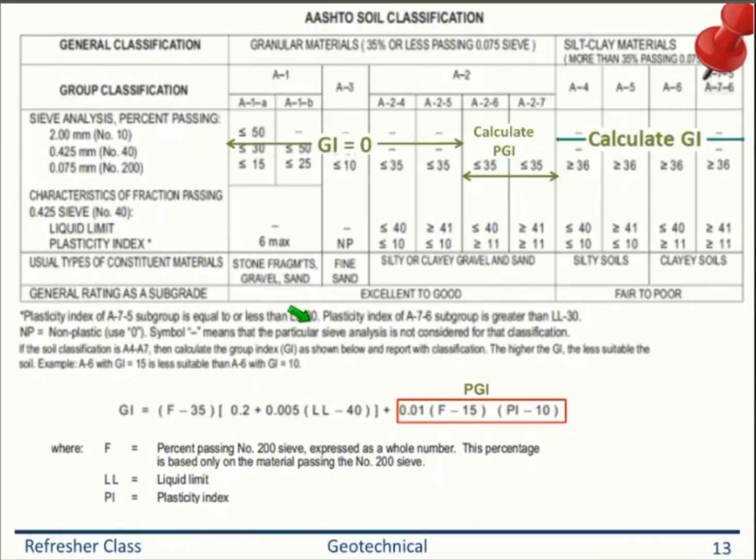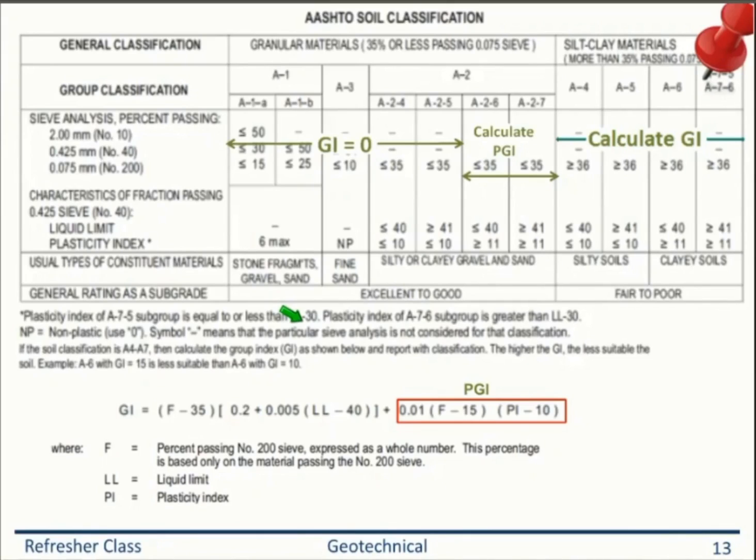If the plasticity index of the soil is greater than the liquid limit minus 30, then your soil becomes A-7-6. Please be mindful here. This is only valid if you classify the soil as A-7. Under A-7, both are in one column. So under A-7, you need to know whether your A-7 is A-7-5 or A-7-6, and that is dictated by this testing value, liquid limit minus 30.